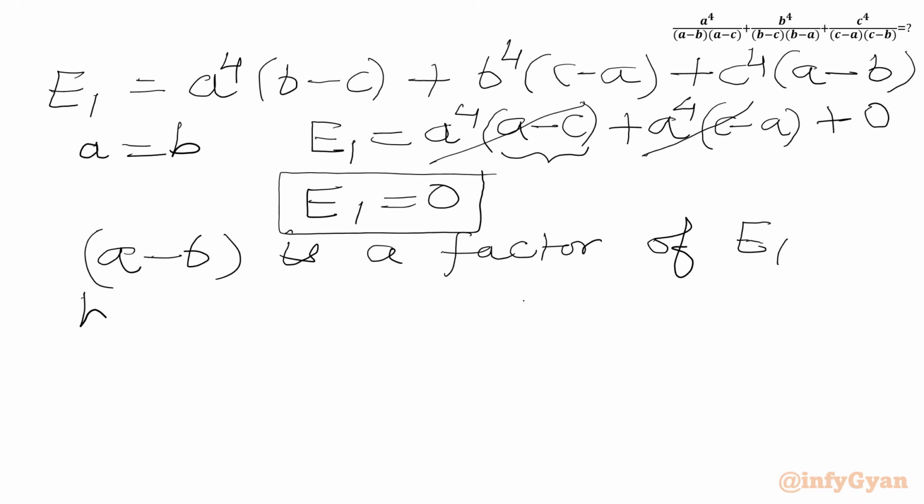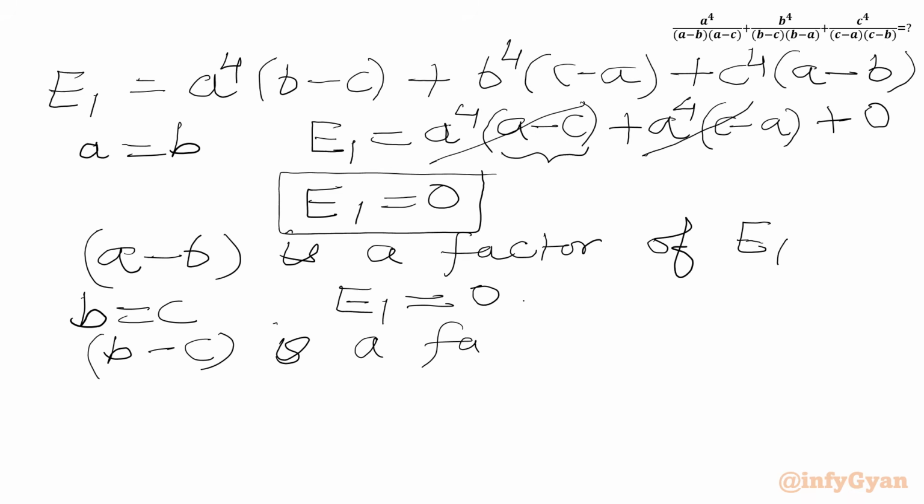If I plug in B equal to C, again we are going to get E1 value 0. We conclude B minus C will be one factor of E1.